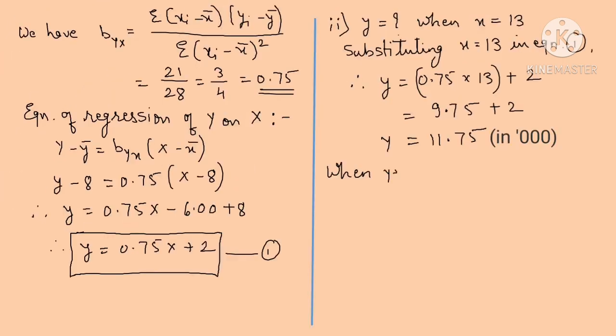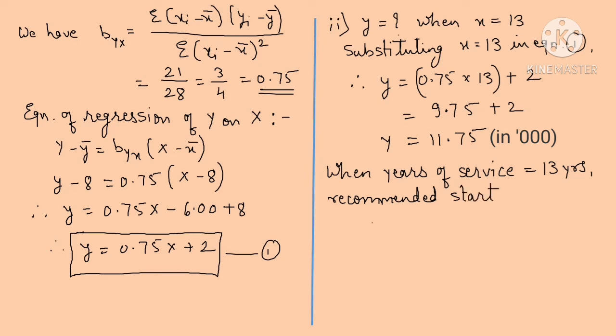When years of service is equal to 13 years, recommended start is equal to 11.75 into 1000.